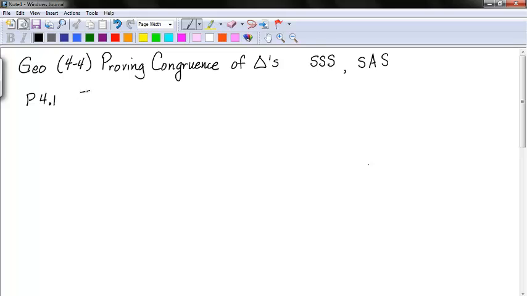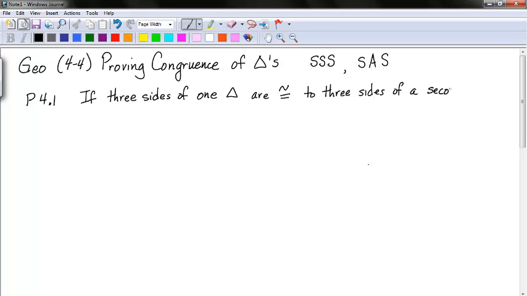It says if 3 sides of one triangle are congruent to 3 sides of the second triangle, then the triangles are congruent.